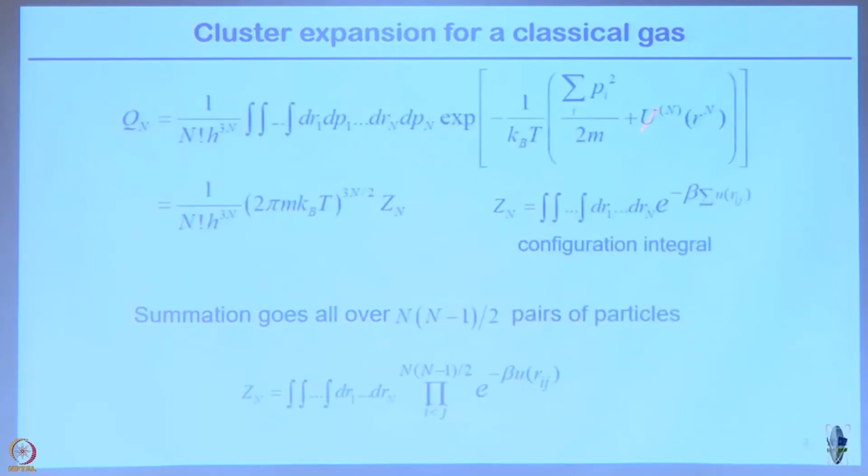So a sum in the exponent is nothing but a product. And the product is there all in all, when all these terms are n into n minus 1 by 2, correct. So I can write that quantity as that quantity.